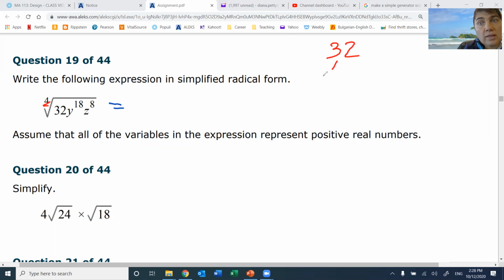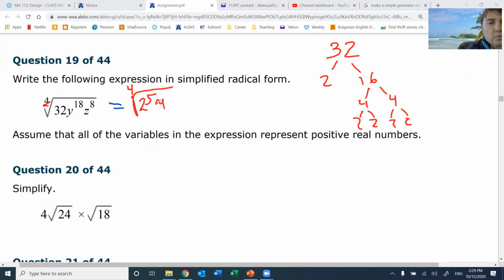So this is actually 2 times 16, which is 4 times 4, which is 2. So it's 2 to the power of 5, technically, 32, right? So then I got it that I have 4. And this is 2 to the power of 5, and the rest is what it is.